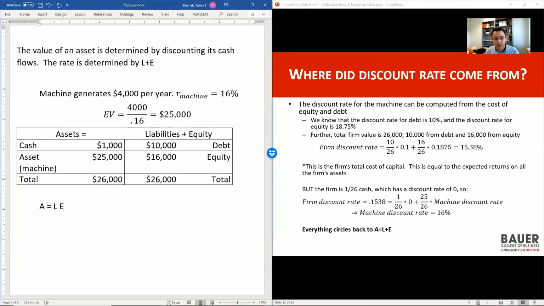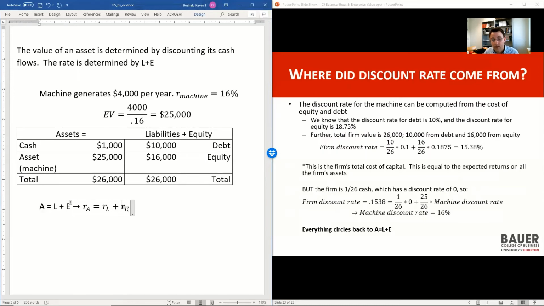Right? Assets equals debt plus equity. We're going to rewrite this, though, in terms of returns. Okay, so instead of having the assets cut up between debt and equity holders, the return on the assets is going to get divided between the return to the debt holders and the return on the equity.